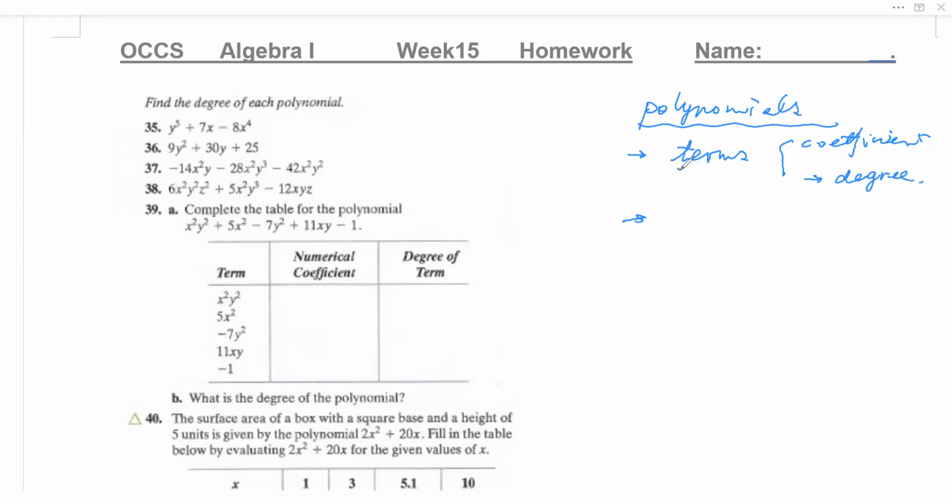And multiple terms make up polynomials, right? So let's review the week 15 homework first.